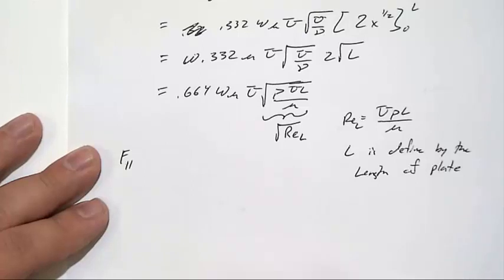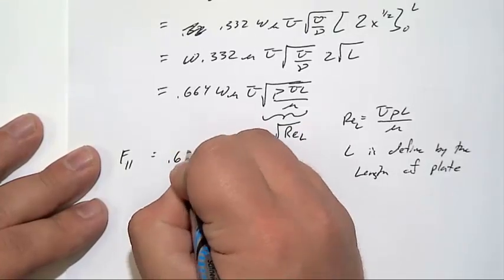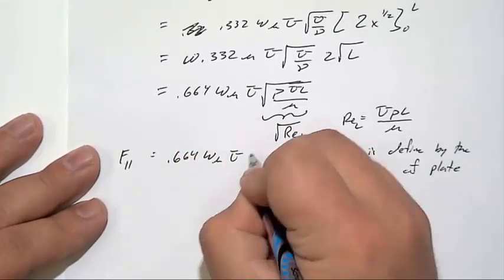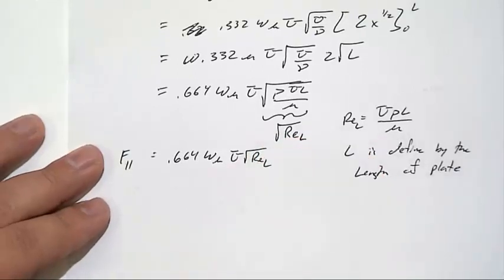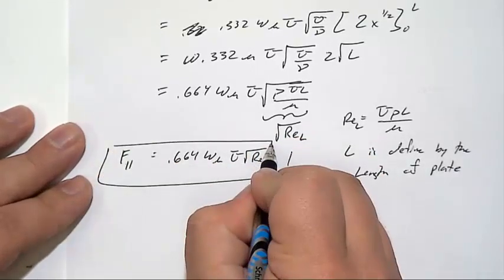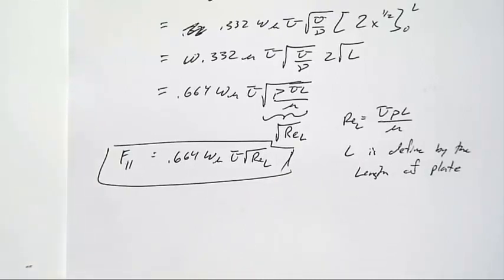Okay, so finally, my shear force for my system works out to be 0.664 W mu u square root of Reynolds number length for my system.